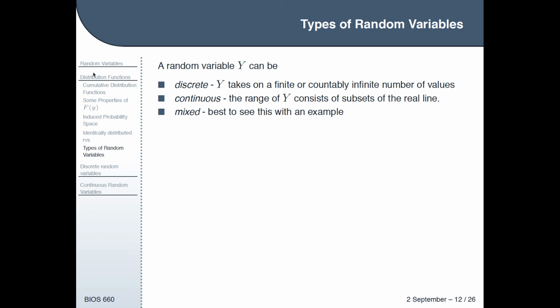If you take 760 and get into more advanced measure theory, you'll learn that discrete random variables are actually equivalent to continuous random variables given a certain measure, that the way continuous random variables and their distribution functions are defined in terms of integrals is actually equivalent to the summations you use for discrete random variables given an appropriate measure.